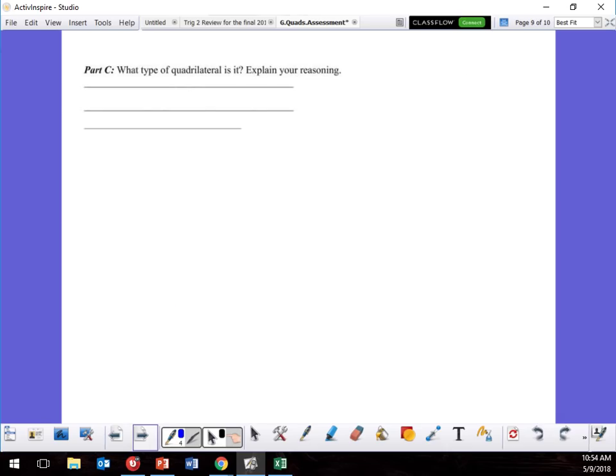Okay, so let's see. What type of quadrilateral is this, and explain your reasoning. Let's take a look at the information I know. You're looking through the checklist now.